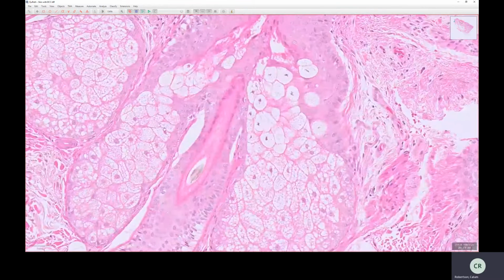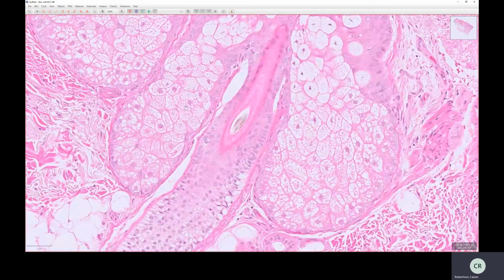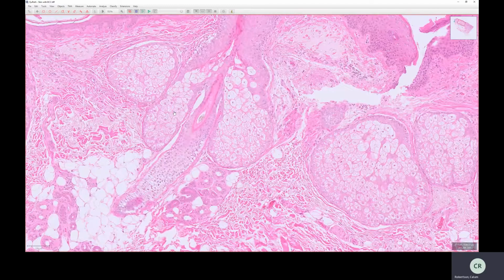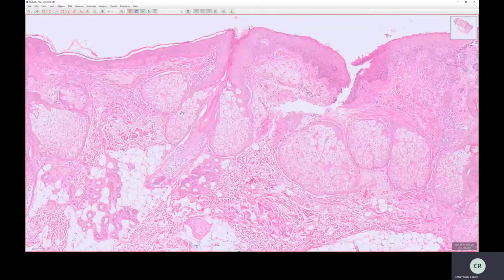So you can kind of see that in action there. It's quite nice. So that's an example of holocrine secretion where the cells die off to release their secretory product. So that's probably all I'll say about sebaceous glands.